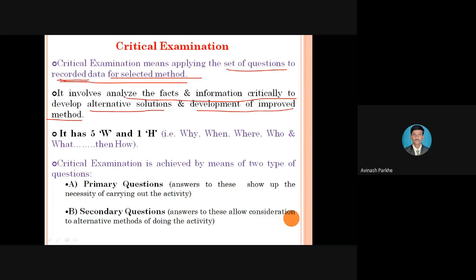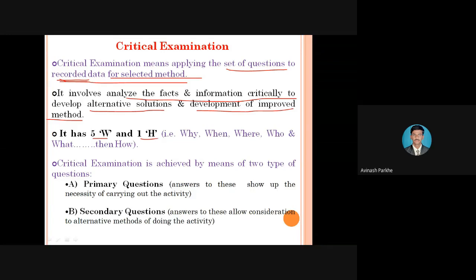But in order to modify that old method, we have to apply a set of questions. Why do we have to modify, how do we modify, who is going to do the modification? Such questions can be asked in critical examination, and it has 5 W's and 1 H. What is meant by the 5 W's?